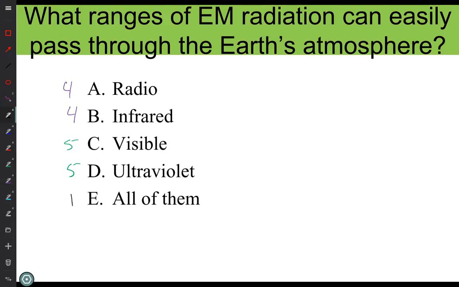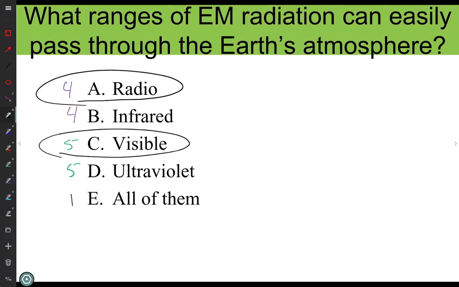Now, Amelia. I think radio, visible, ultraviolet. Because visible, ultraviolet for sure. And I felt like radio was too, but infrared I didn't think was. So you picked all but infrared. Yes. And what were your reasonings on this?